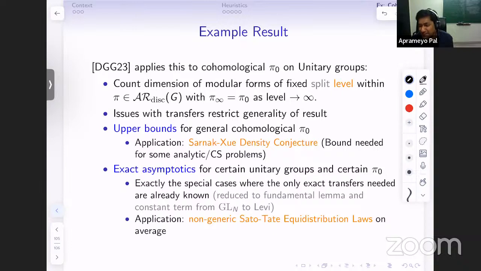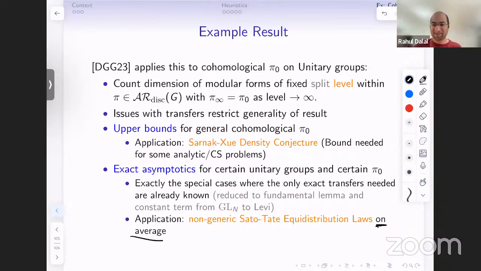Yes, exactly, and they do get some applications too. Once you get the symmetric powers, you can do better things. Because this is something on average: you have to look at all the components for some family of automorphic representations growing to infinity. And if you get all the symmetric power functorialities, then you can look at a single representation and get a Sato-Tate law for just that one thing, which is pretty awesome.